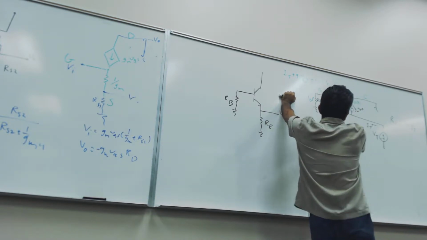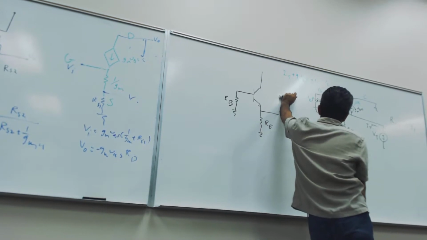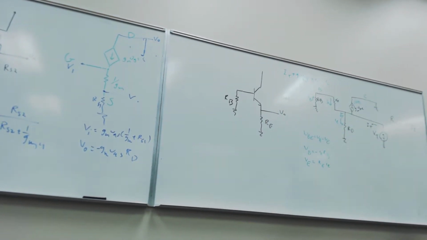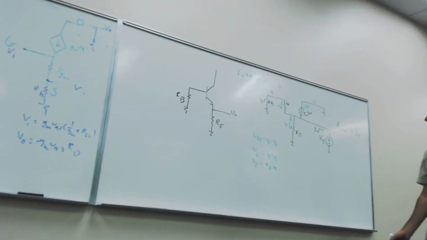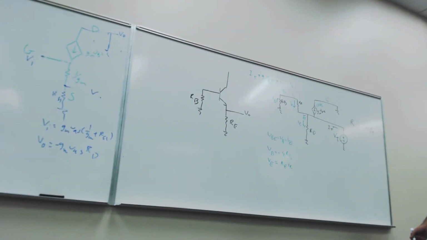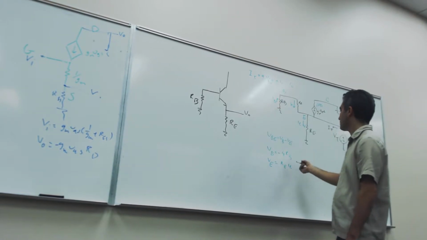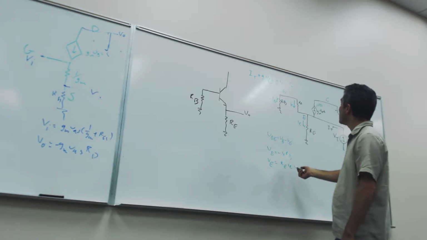So that comes out as the result. Are those two notations interchangeable, whether you use beta IB or GM VBE? Yeah. So they're exactly the same? Yes. Okay, so then why would you need to include beta IB? Why wouldn't you just use GM? You can. I think you can. So let's stick with GM VBE and see how that's going to turn out.